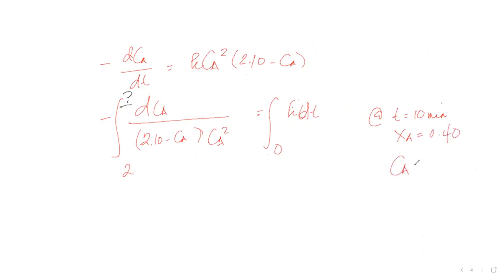So CA can be solved from here. CAO, 1 minus XA. So you have a 2 times 1 minus 0.4. This must be a 0.6, so this is 1.2 mole per liter. Then this must be 10.